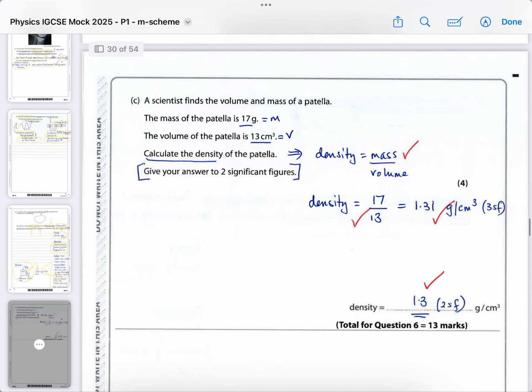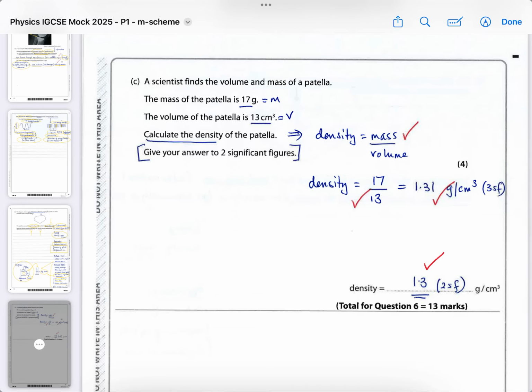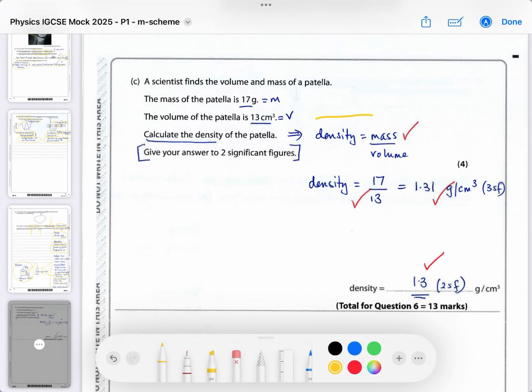The question then finishes off nice and easily with determining mathematically the density of the patella. They give you the information that you require. Yeah, and again, look at what the units they want. They want grams and centimeters cubed, which in a lab, secondary school, is easier. The values they're giving you are to 2 significant figures.